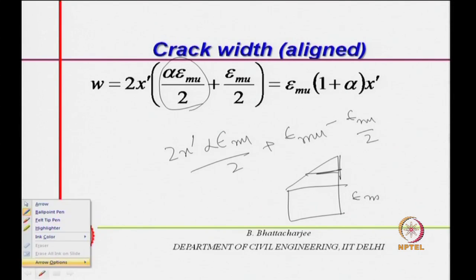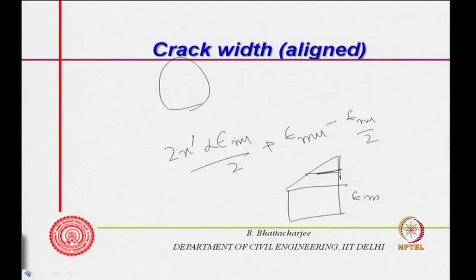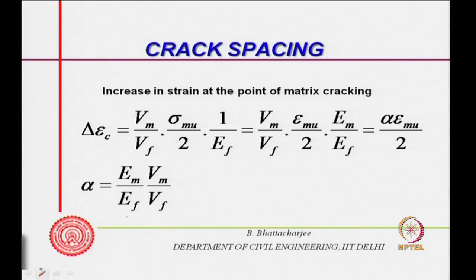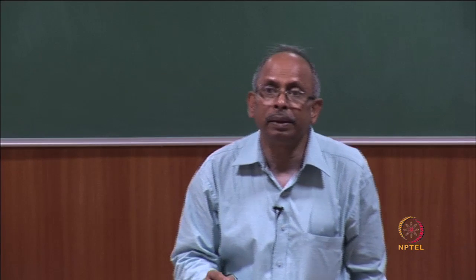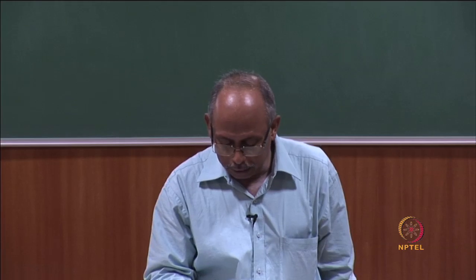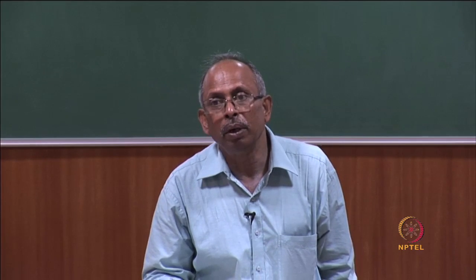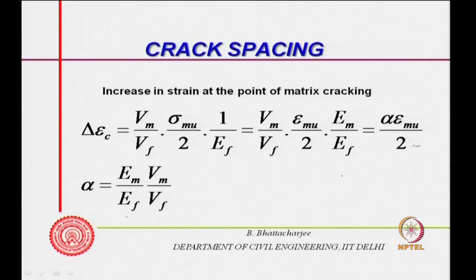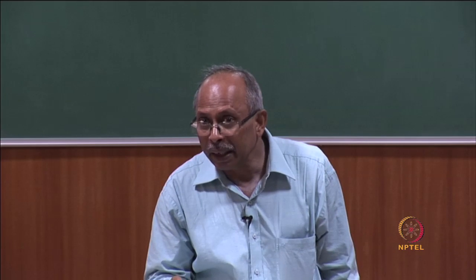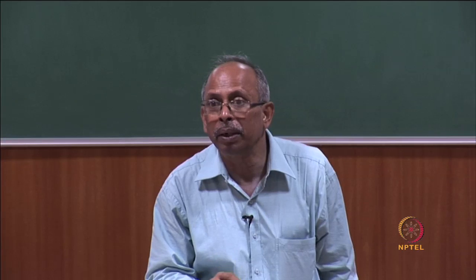Earlier the stress in all cases was the same. This is the additional strain being taken by the composite, an average increase in the strain, and minus this is the crack width. I should be finding the additional average increase in the strain minus the reduction in the matrix strain.